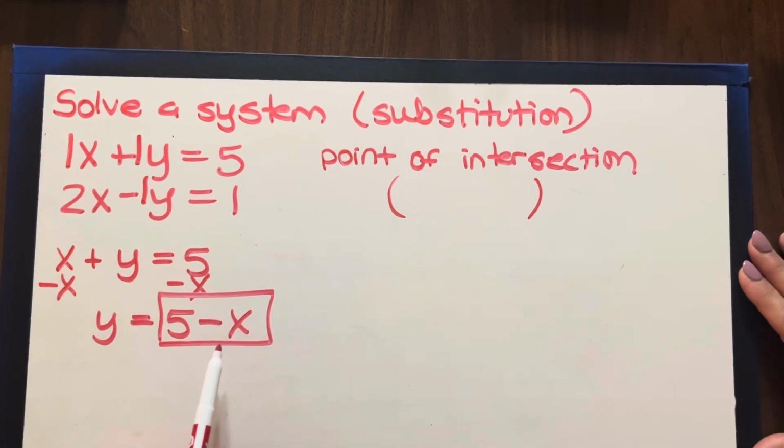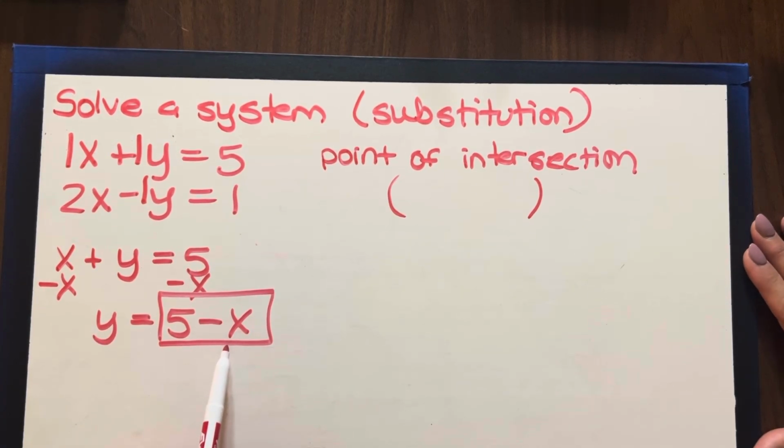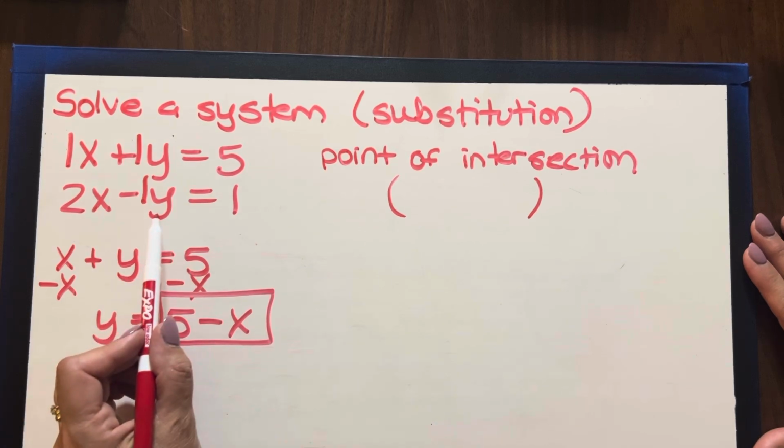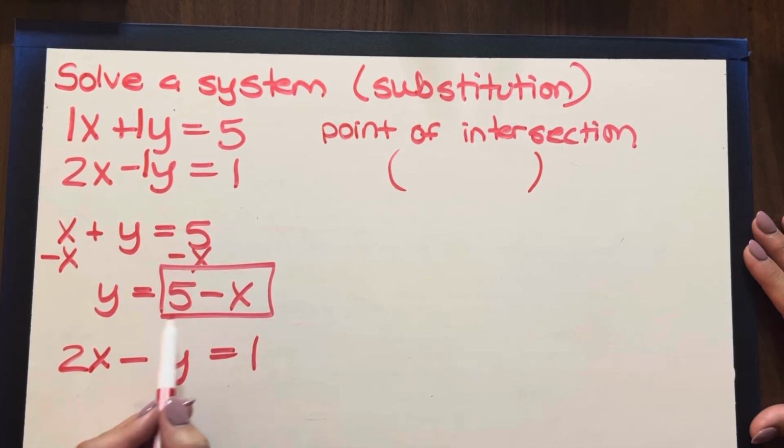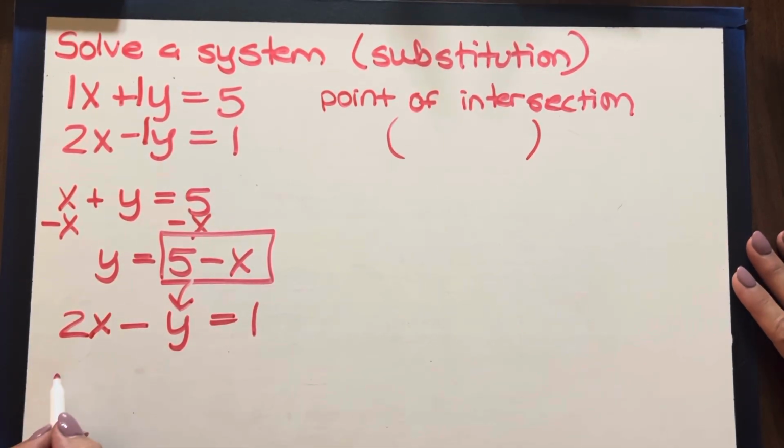So this 5 minus x is now what I want to substitute in wherever I see a y in my second equation, this 2x minus y equals 1. This is going to go in right here. Let's do that.